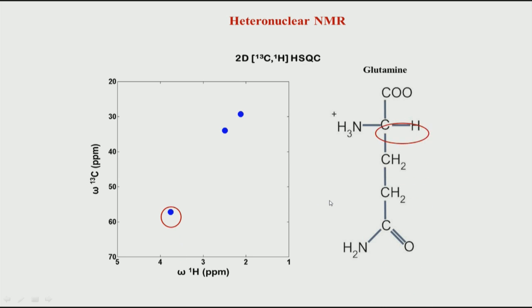Now, let us see how to look at the positions. This pair is attached to 2 electronegative functional groups, one is carboxylate and another is NH3. Therefore, it comes downfield shifted for both proton and carbon, and the carbon value is close to 60 ppm and the proton value is downfield shifted to 3 to 4 ppm.